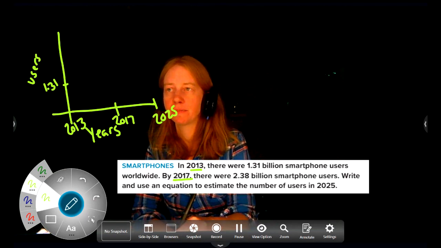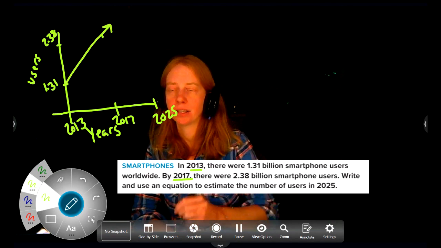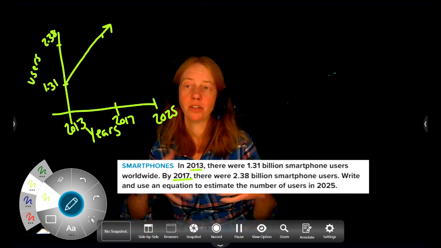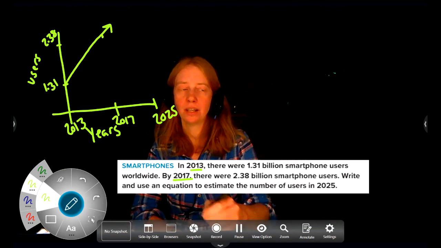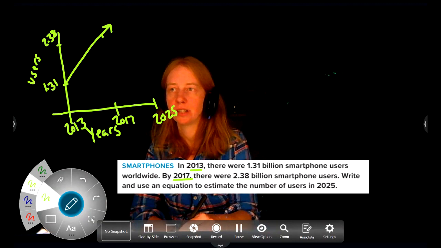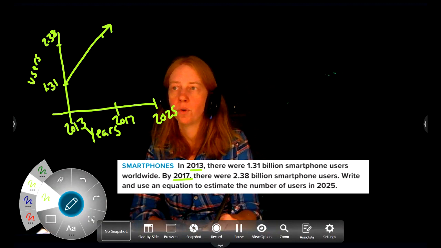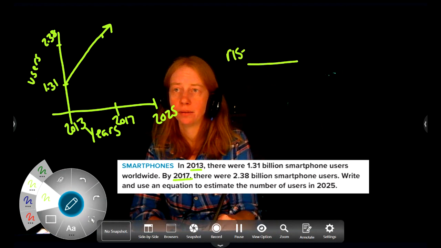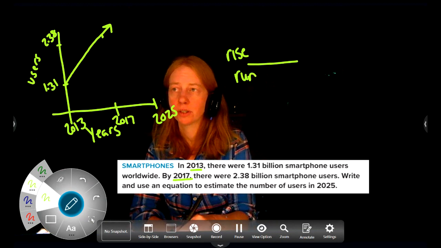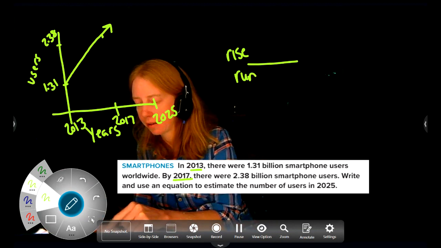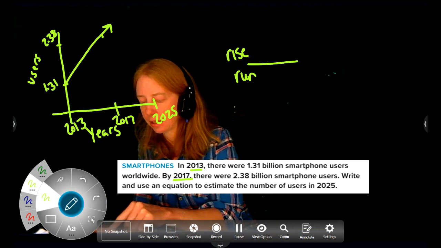By 2017, there were 2.38 billion. So we're estimating that this is going up every year, and up by how much, we don't really know. So let's first find out how much it is increasing by. So for, let's see, our run, remember we have rise over run. Well, we can do rise first. So rise is going to be 2.38 minus 1.31.